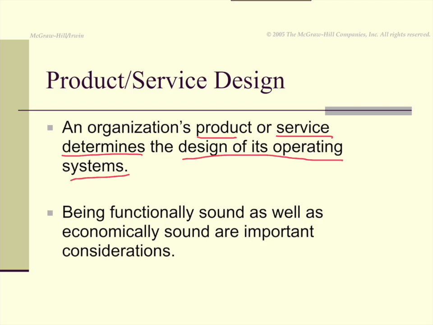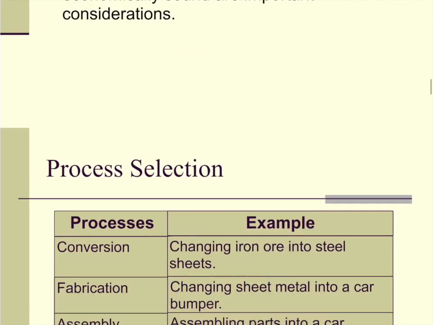So, the operating system is unique for every product or service that is designed by the company. The different company, the different product, must have a different operating system. Being functionally sound as well as economically sound are important considerations. That is the statement.